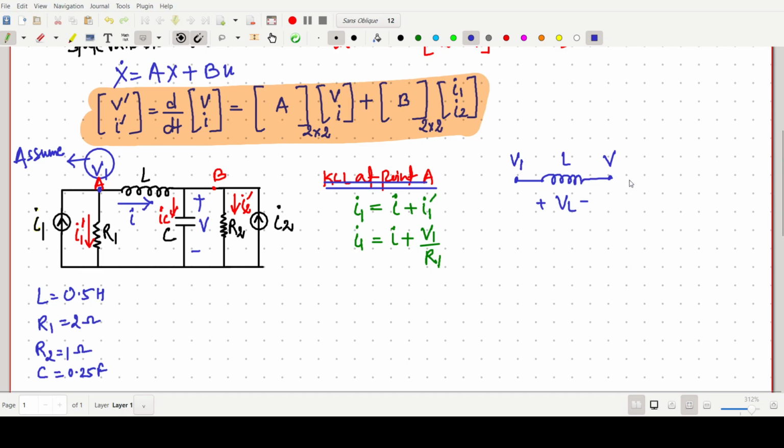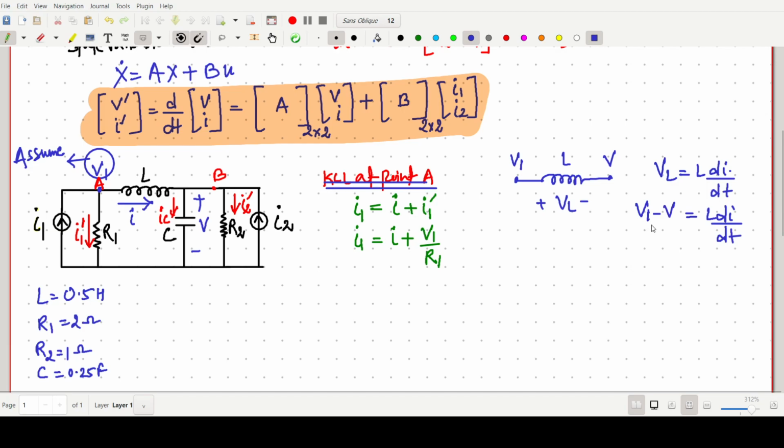So VL is V1 minus V. This VL we can write as L di/dt, and VL is nothing but simply V1 minus V, higher potential minus lower potential, equals L di/dt. So it's a very simple concept.